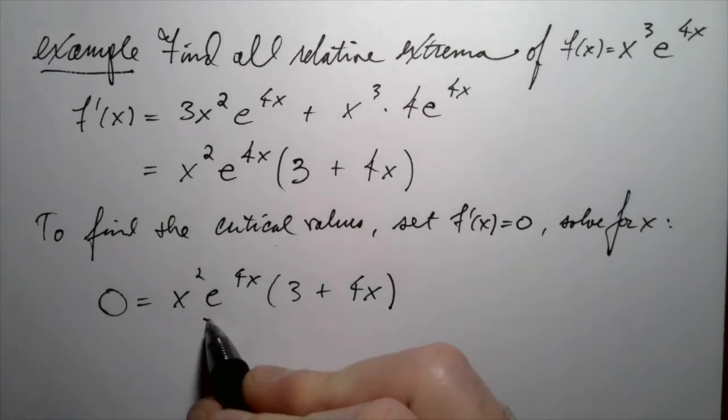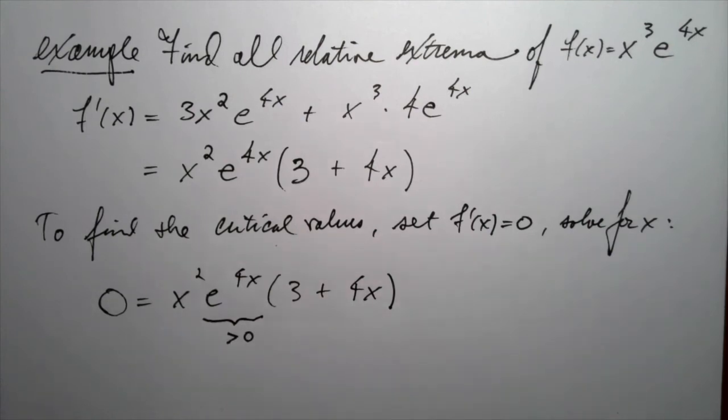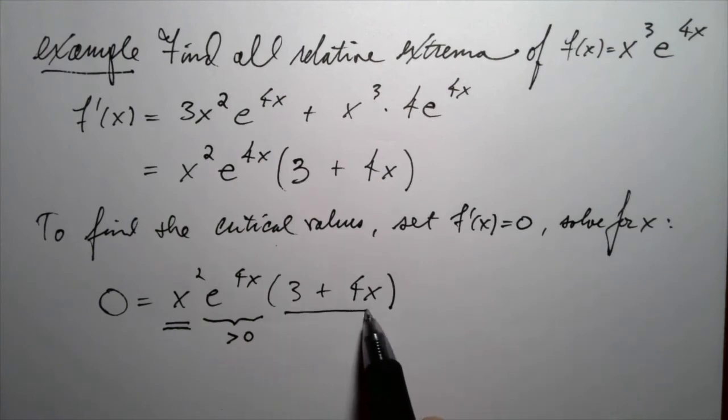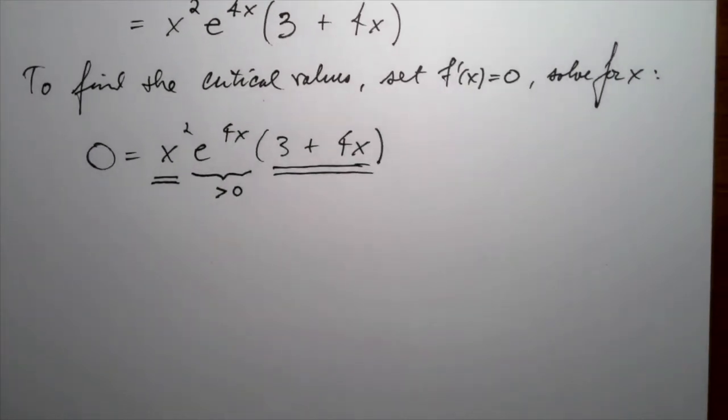All right, now check it out. e to the 4x, the exponential function, its outputs are always positive. That's never going to be 0. So the only way that this expression can be 0 is if that x squared term is 0, or if that 3 plus 4x term is equal to 0. One of those two must be equal to 0.